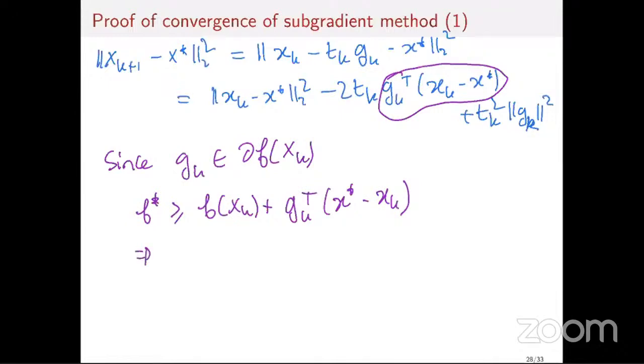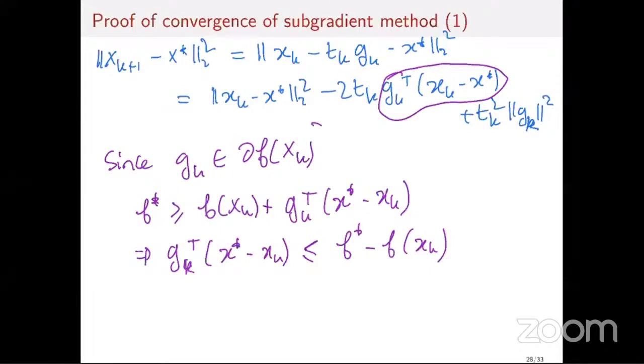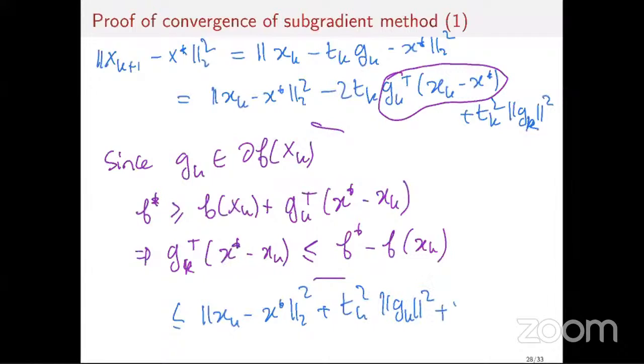So this implies that g_k transpose (x star minus x_k) is less than f star minus f of x_k. So continuing from the yellow piece here, this is less than the norm of x_k minus x star squared plus t_k squared norm of g_k squared, plus 2 t_k times (f star minus f of x_k), where I just used this inequality.